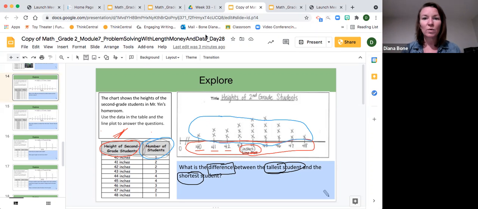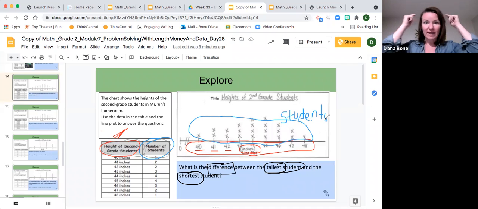But then what about these up here? They're not numbers, they're X's. They represent amounts, but these X's are representing the other piece of data in the table, which are the students.